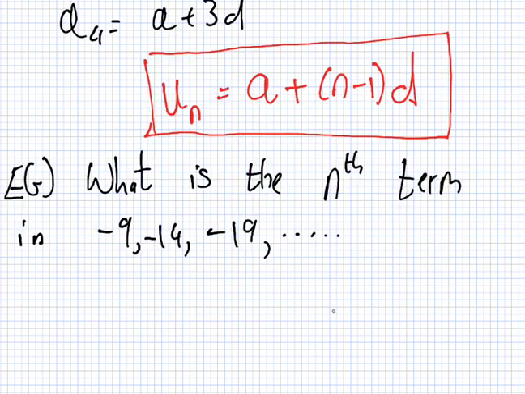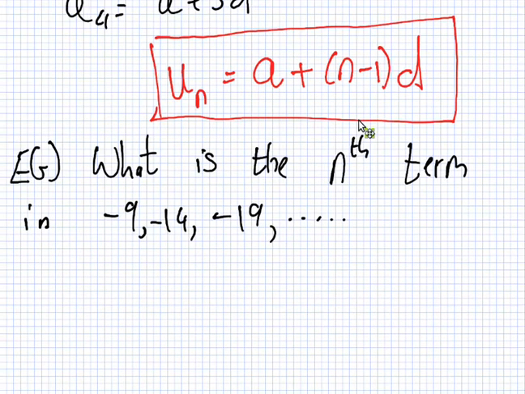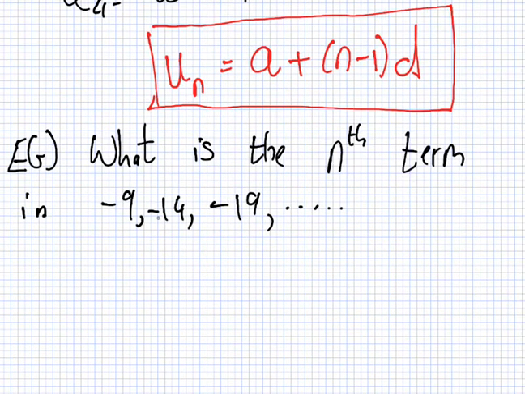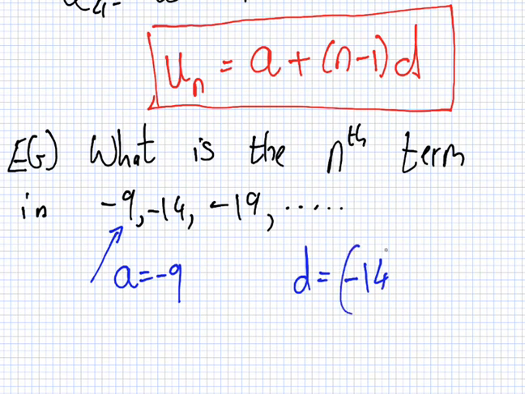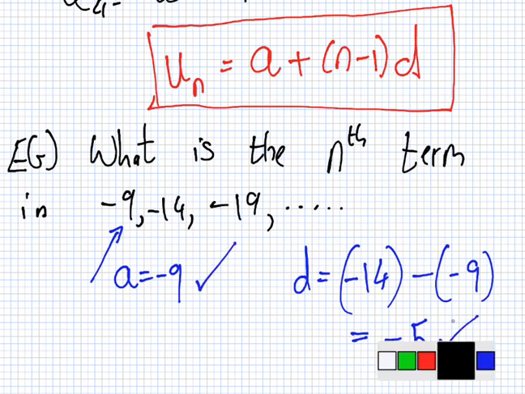We need 2 pieces of information to use the formula. We need to know what the A is. Well, that's clear. The A is minus 9. And we need to know what the D is. Well, that would just be minus 14 minus minus 9. So the difference here is minus 5. So we have the A and we have the D. So I can now use my formula.